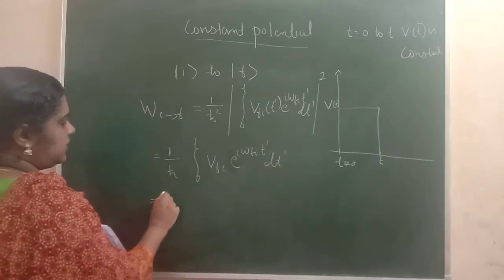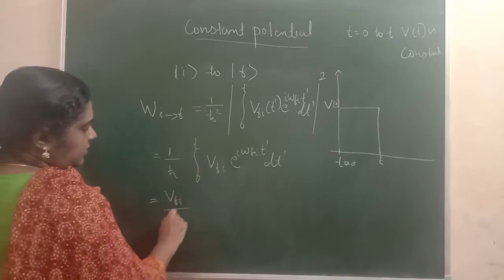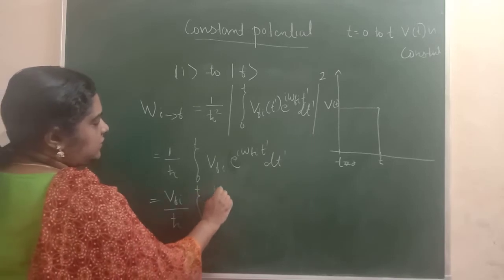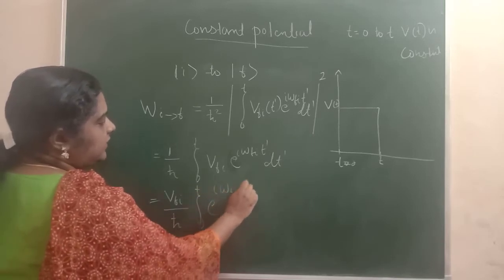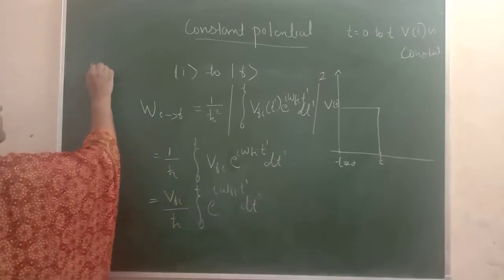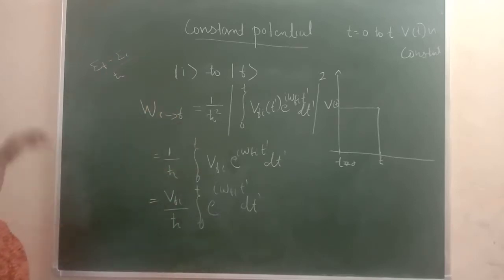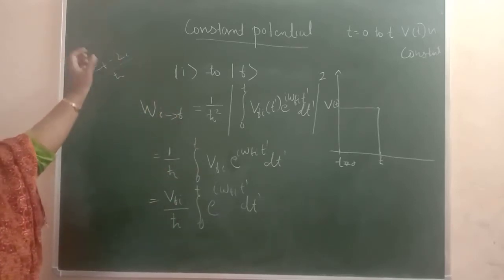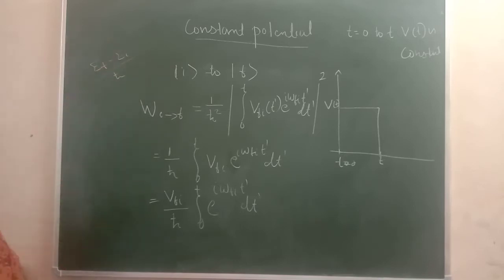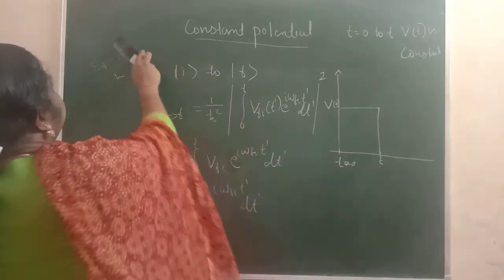It is constant, so you just write V fi and take it outside the integral. Omega fi, you remember, is E f minus E i by h cross. E f is the energy eigenvalue of the final state, E i that of the initial state, so it is the energy gap between the initial and final states.